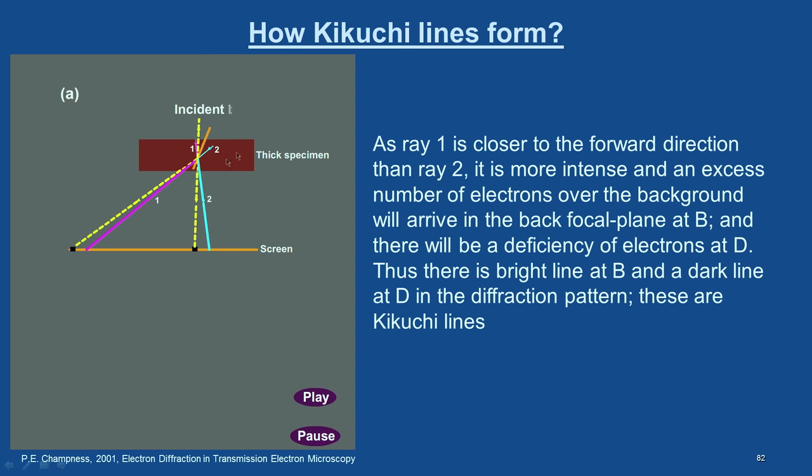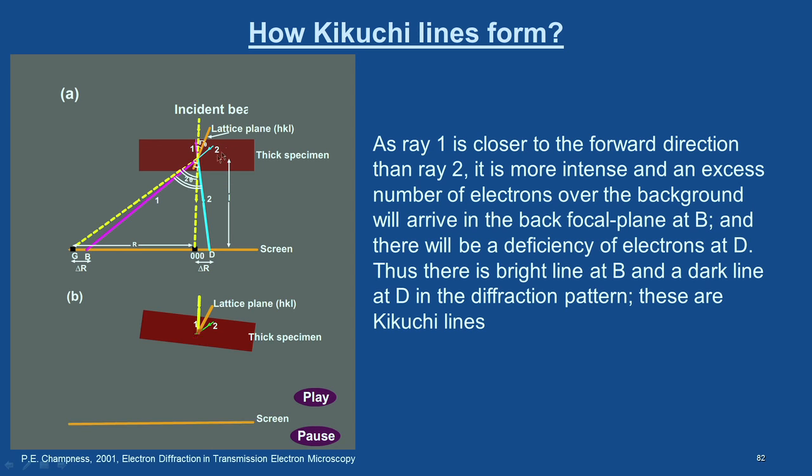It is a thick specimen and this is the screen, and inside the specimen we consider the lattice planes, and the rays which I mentioned as 1 and 2 are here. As ray 1 is closer to the forward direction than ray 2, it is more intense, and an excess number of electrons over the background will arrive in the back focal plane at B.